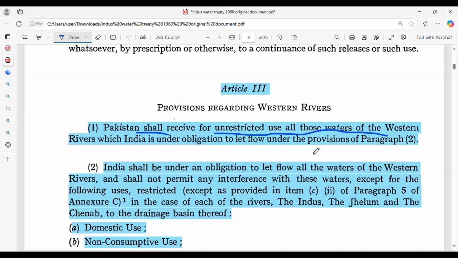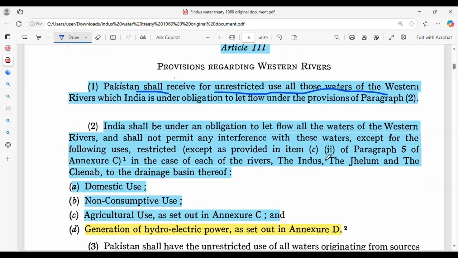It is the same as article 2, where it was a discussion about the eastern rivers for India, and same it is in the western river. In article 3 it is discussion about the western rivers for Pakistan, and India has no right to interfere in the flow of water.